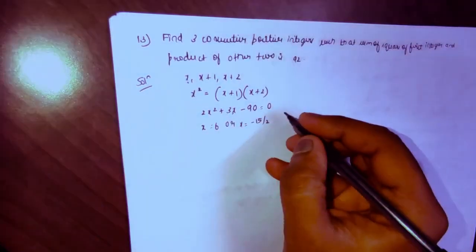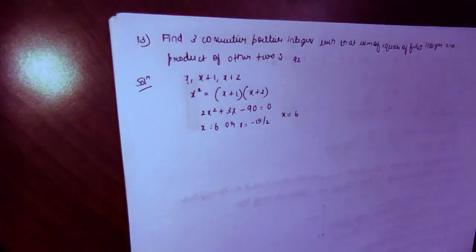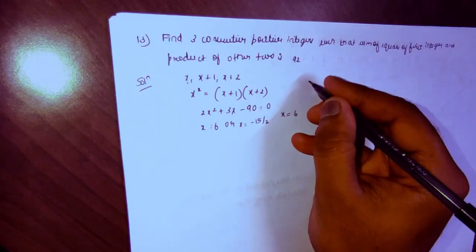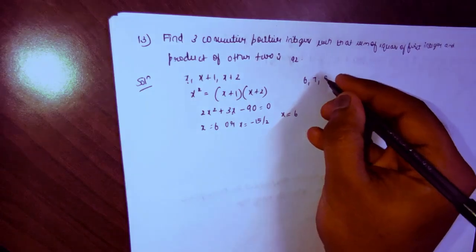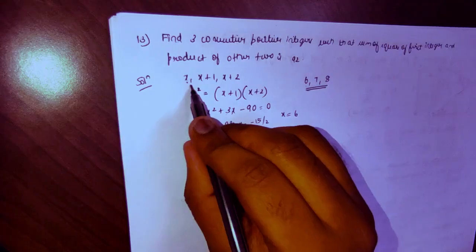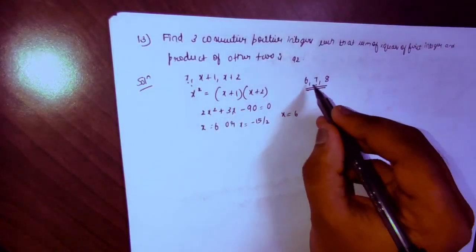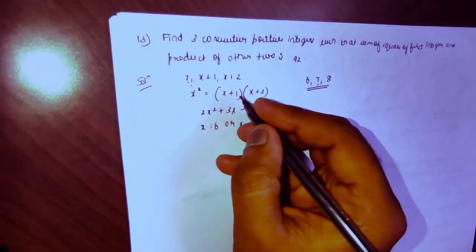We know the value of x cannot be negative, so we are taking x is equal to 6. So by this we observe that the three consecutive integers are 6, 6 plus 1 that is 7, and 6 plus 2 that is 8. The square of 6 is 36, and 7 into 8, seven eights are 56.